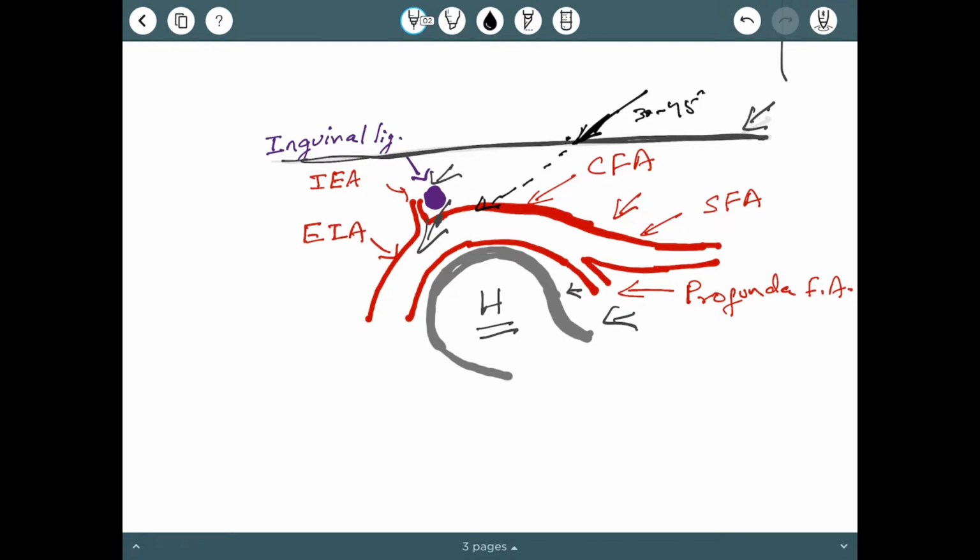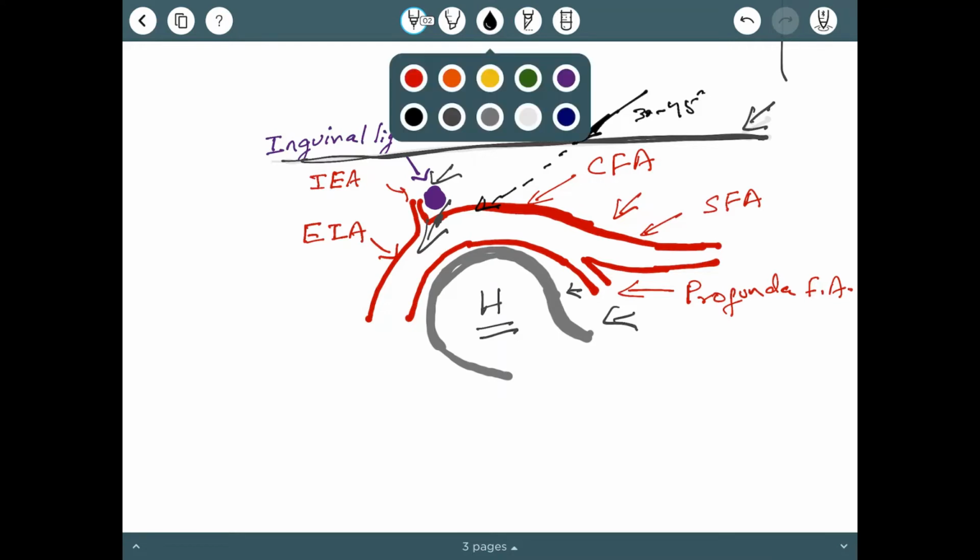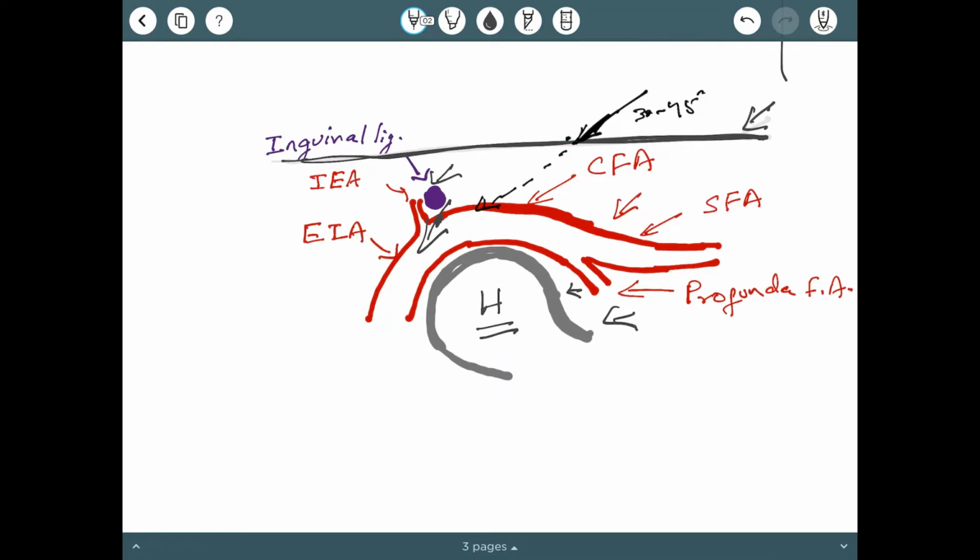So imagine if the patient happens to be an obese subject. Obviously the stent thickness will be more in that patient, so your stent may be somewhere here. So this is my level, and the depth of the artery increases.